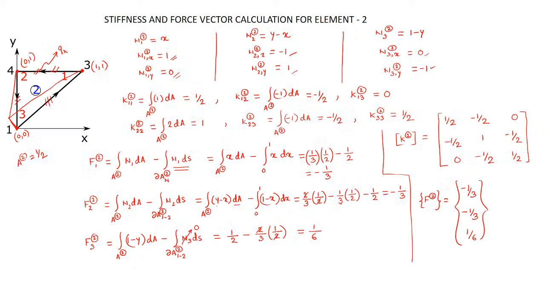Whereas for the next slide, for element 2, while integrating along the boundary joining local node 1 and local node 2, there we are integrating f2 from 0 to 1. This is not correct. It should be from 1 to 0, because we have to go in the anti-clockwise direction, so x varies from 1 to 0.